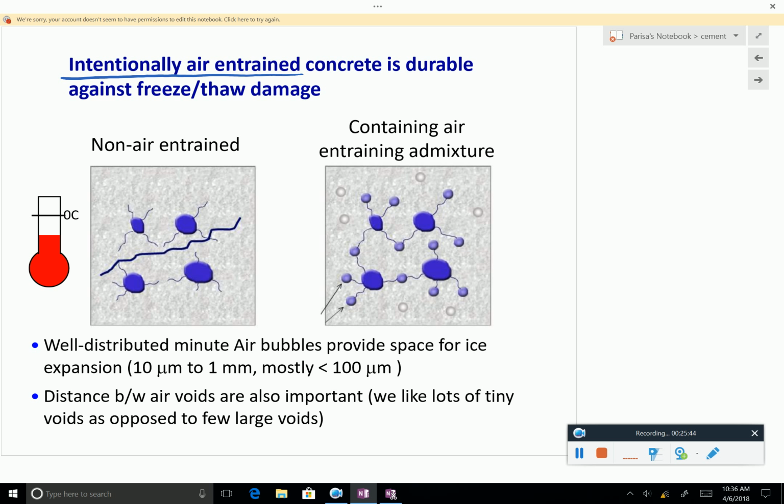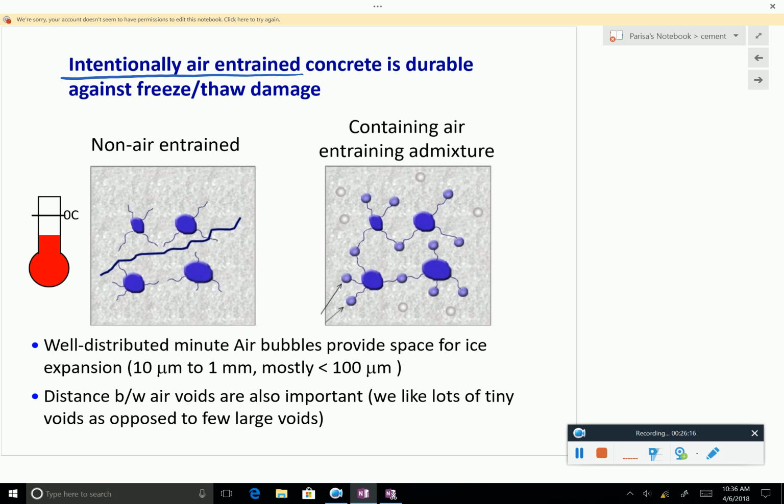They're very tiny, and distributed. So when the material is going through freeze-thaw cycles, the water escapes to these air-entrained voids, and when it increases in volume during the freezing cycle, it has a place to go. It doesn't push concrete as much, so you don't get too much cracking. Okay, so this is something we want to have. What is important is not that you have a lot of it, it's more important that you have it distributed.